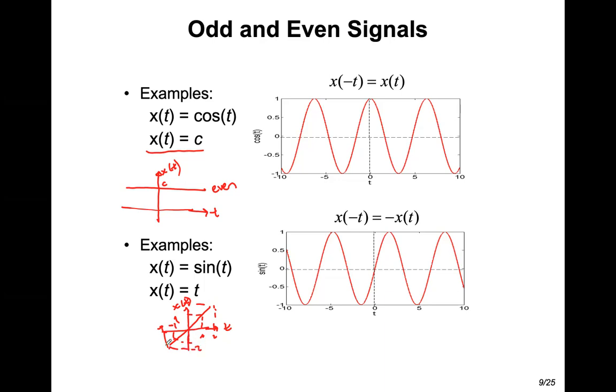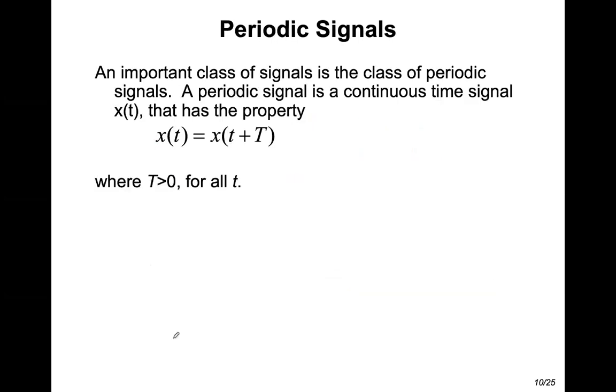So this is x of t. This is an odd signal or odd function because the values are changing when we negate the time, like from 1 to minus 1, from 2 to minus 2, okay? So these are even and odd signals.